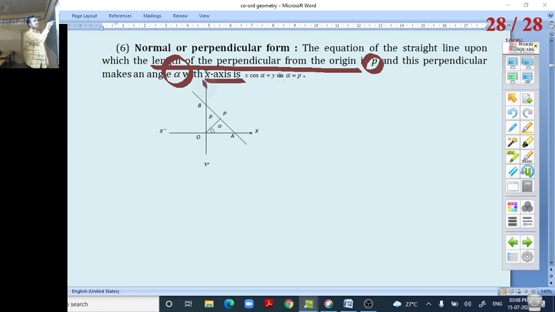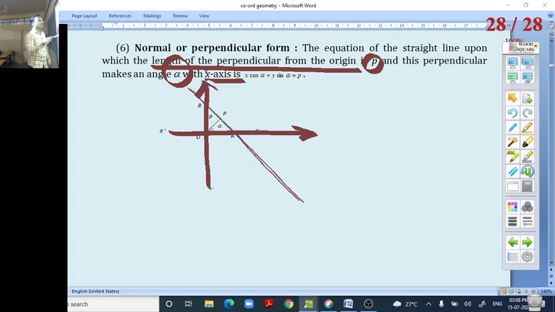In this picture, there is a y-axis and an x-axis. This is the line which is perpendicularly making an angle here.